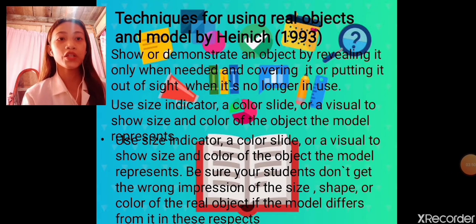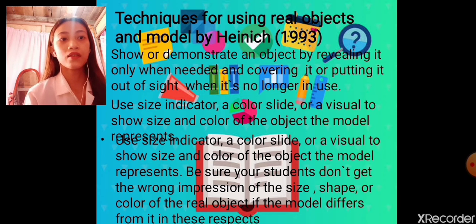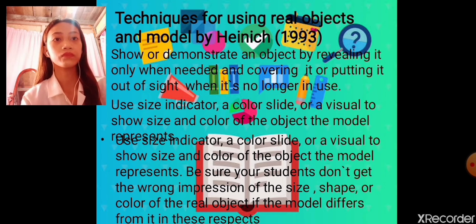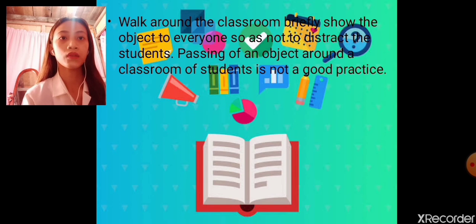Also, be sure your students don't get the wrong impression of the size, shape, or color of the real object if the model differs from it in these respects. Walk around the classroom, show the object to everyone so as not to distract the students. Passing the object around the classroom is not a good practice.